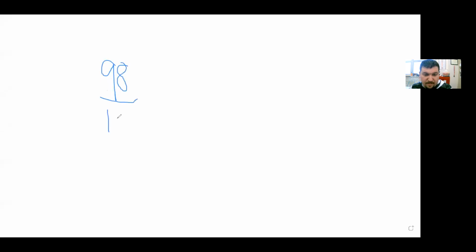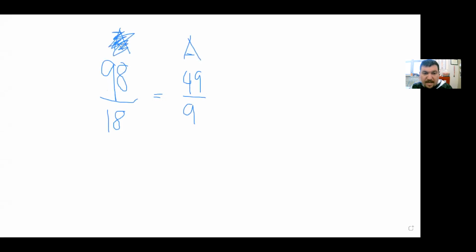Wow, this is really bad with my mouse. And that was the area ratio. Well, first thing I notice is that needs to be reduced. And so I can reduce this by 2 to get 49 over 9. Okay, so that's the area ratio now that we've reduced it.